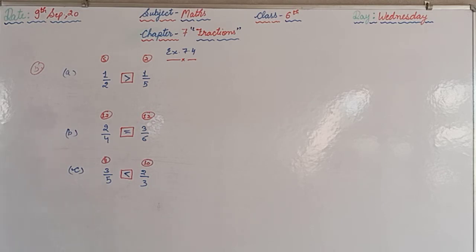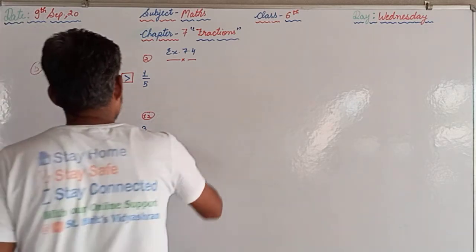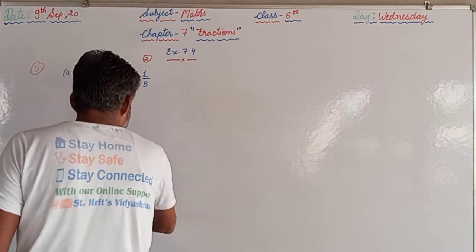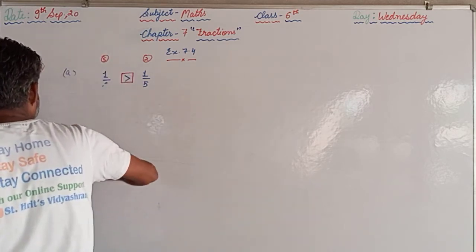In question number 6 many fractions are given, but these are the equivalent fractions of 3 fractions. So first of all we are supposed to reduce the following fractions to the lowest form. Afterwards we are supposed to regroup them. So first of all we will write the fractions which are given here.